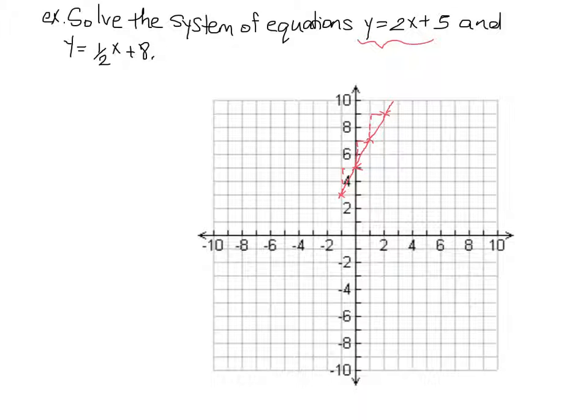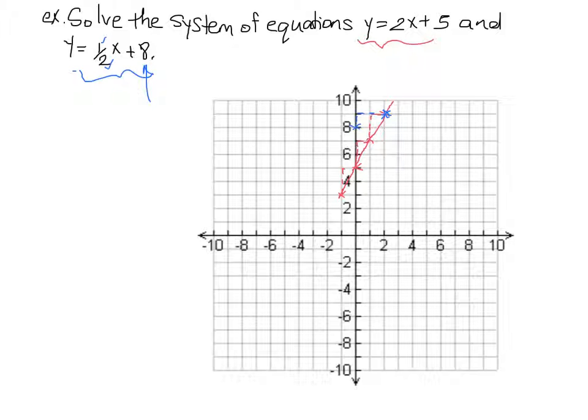Okay, the next line, in blue, will have an intercept of 8. So we'll start off at 8, and the rise over run is 1 over 2. So it goes up 1 and over 2, up 1 and over 2, and it looks like we found where our lines should meet.